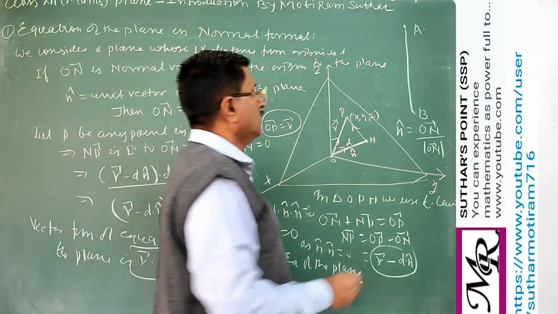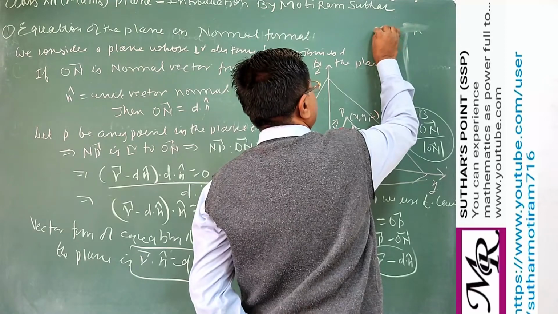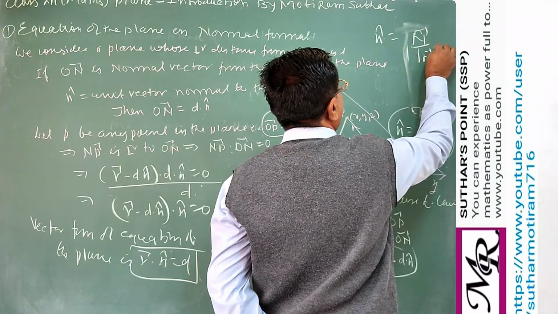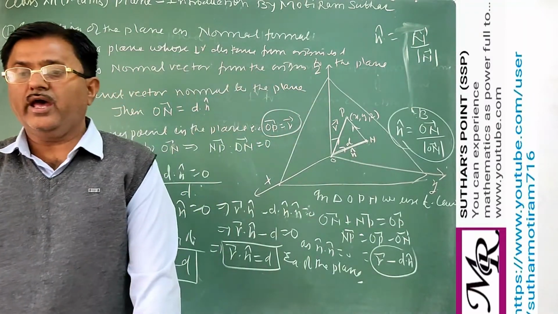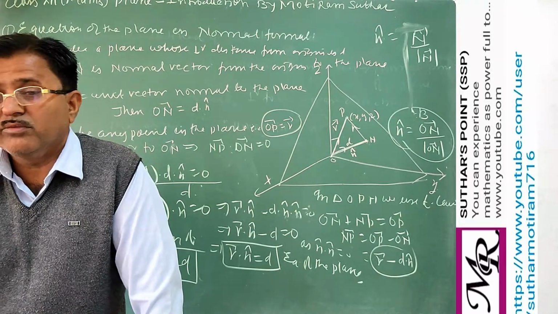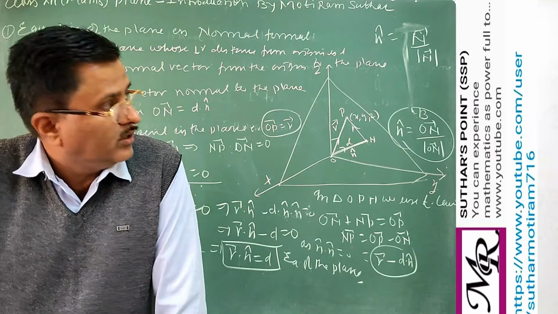Or this may be written in this way. N cap, generally you can write vector N divided by mod of N, where vector capital N represents the normal vector. So normal vector when divided by magnitude gives you n cap.